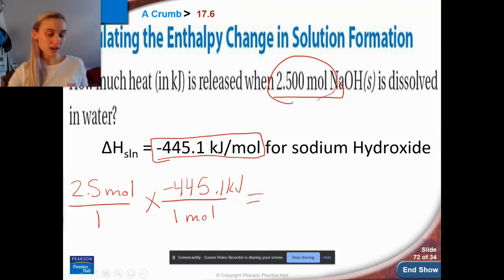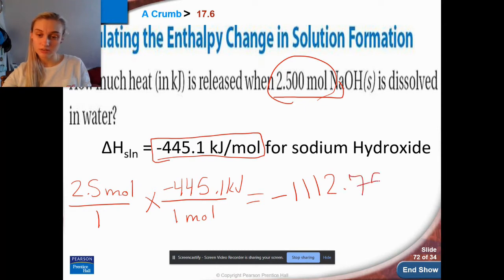We're just going to multiply across the top because the bottom is just 1. 2.5 times negative 445.1 kilojoules. So we get our answer to be negative 1112.75. I'm going to round it. So rounded, this is negative 1113 kilojoules that are released.